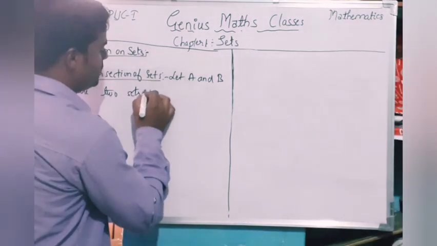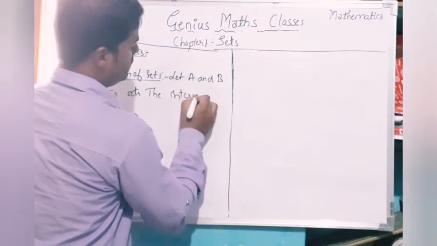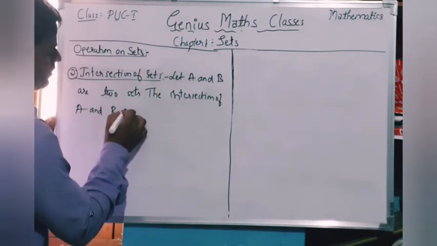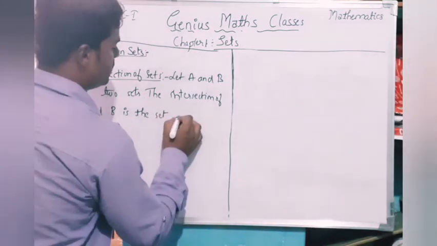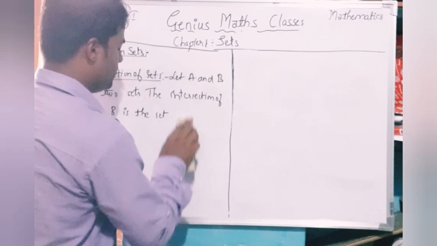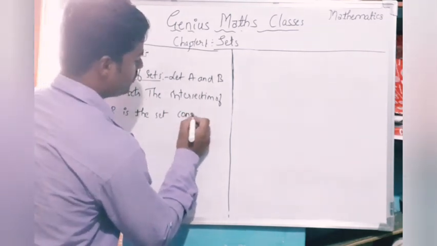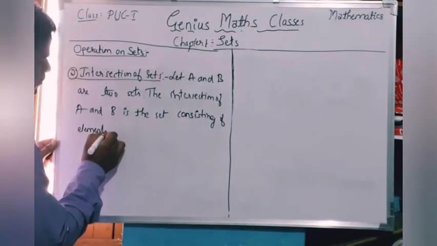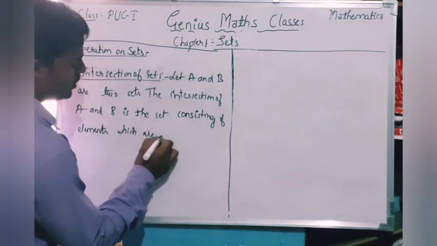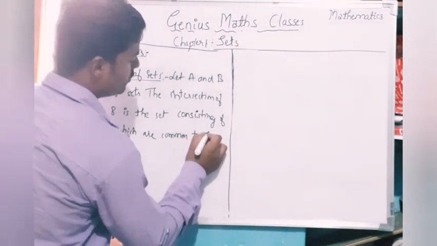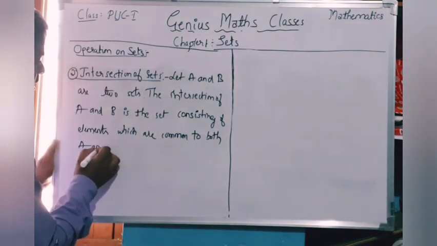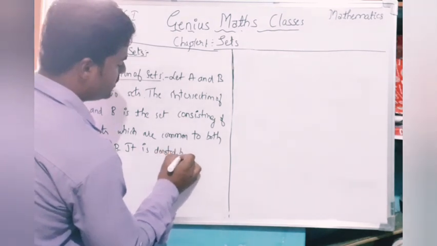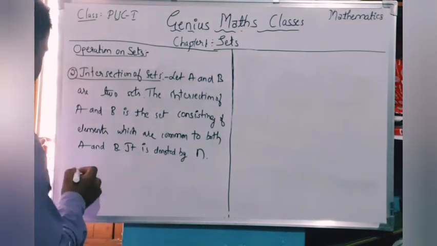The intersection of A and B is the set consisting of elements which are common to both A and B. It is denoted by this symbol.